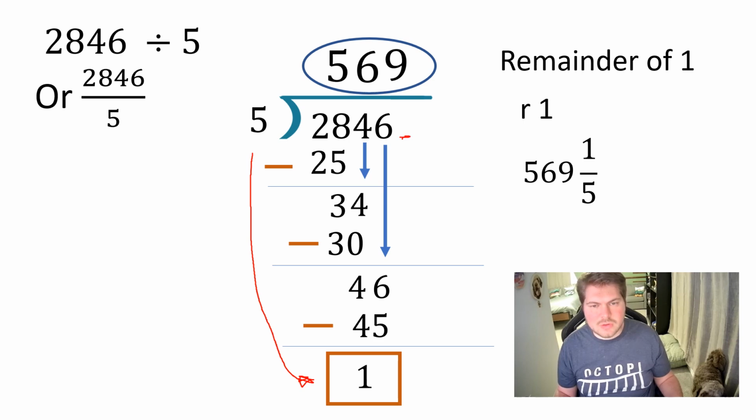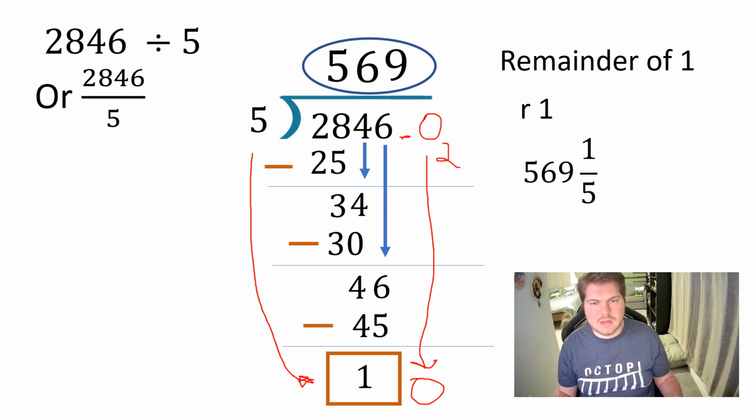I mean, you could make a little decimal here, I guess, and it's actually going to go into 10 2 times. So that should go up here. So it's actually 0.2, which is also 1/5.